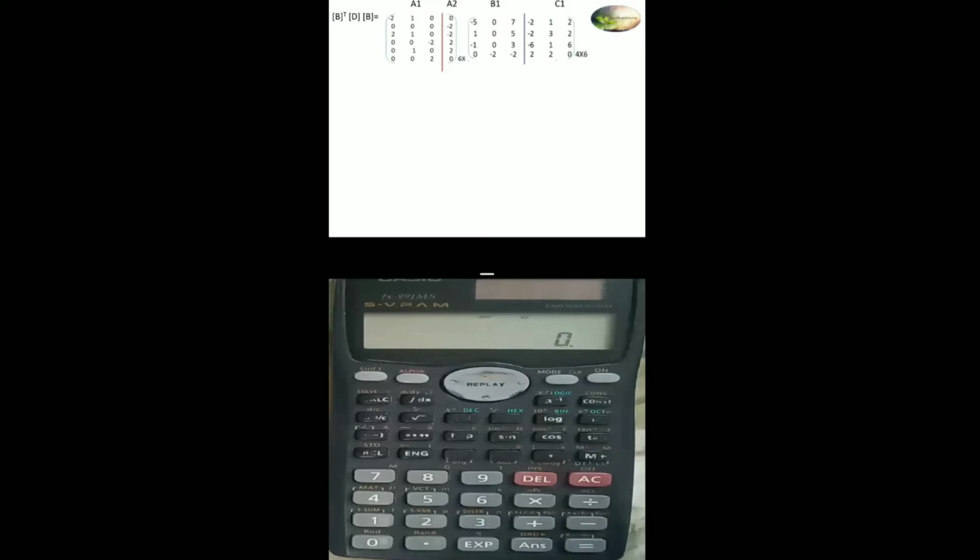Then B transpose matrix row divided into 2 and DB matrix row divided into 2, and take it as A3, A4, B2, C2. Now enter the values of A1, B1, C1.